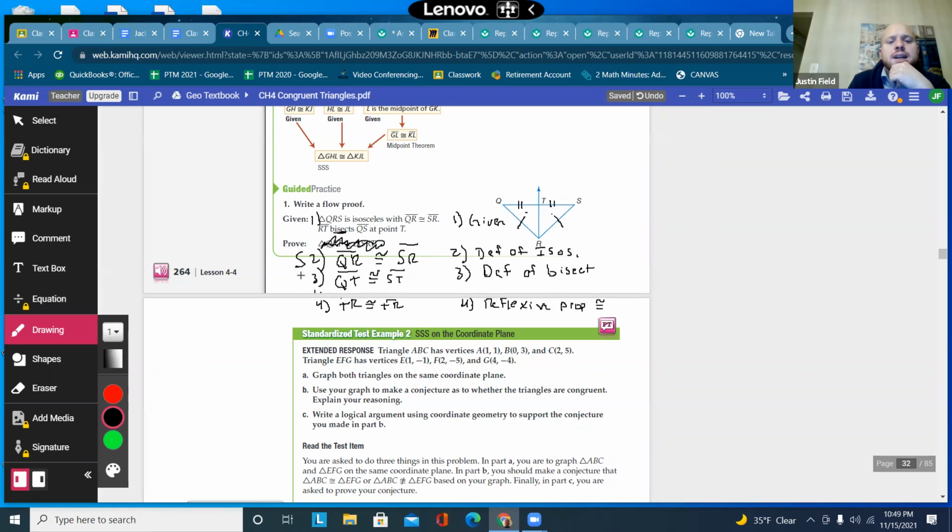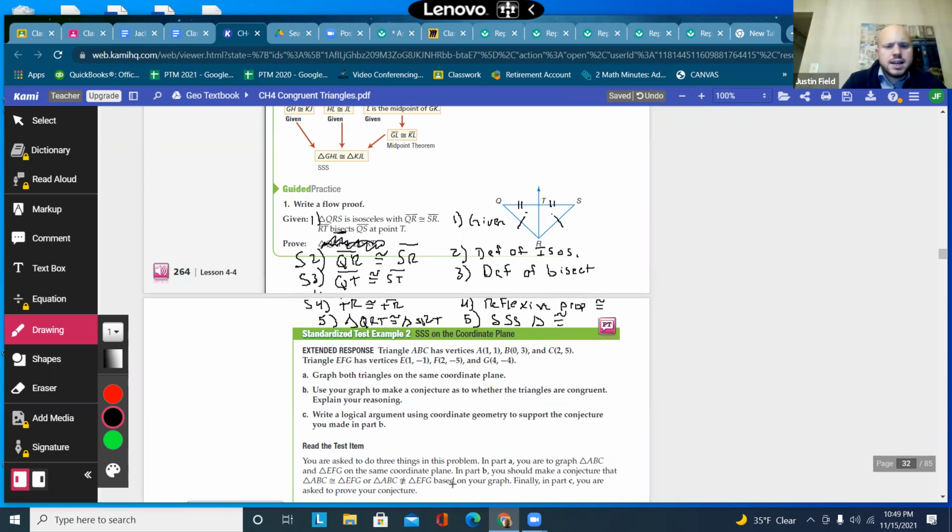This is a side pair, side pair, side pair. So once we've made 3 side statements, now we can say what I originally crossed out, which I can't read anymore. It says QRT is congruent to triangle SRT. And the reason is side, side, side, triangle congruence.